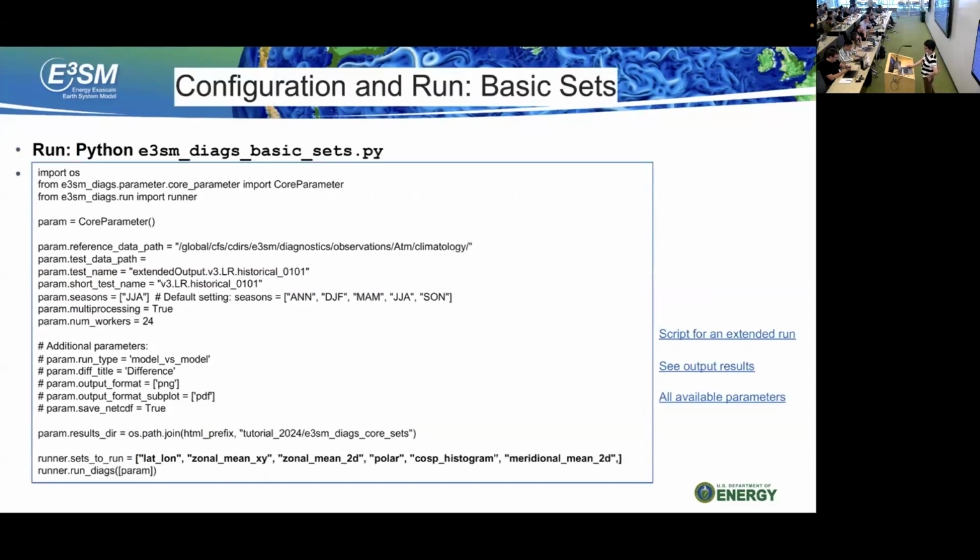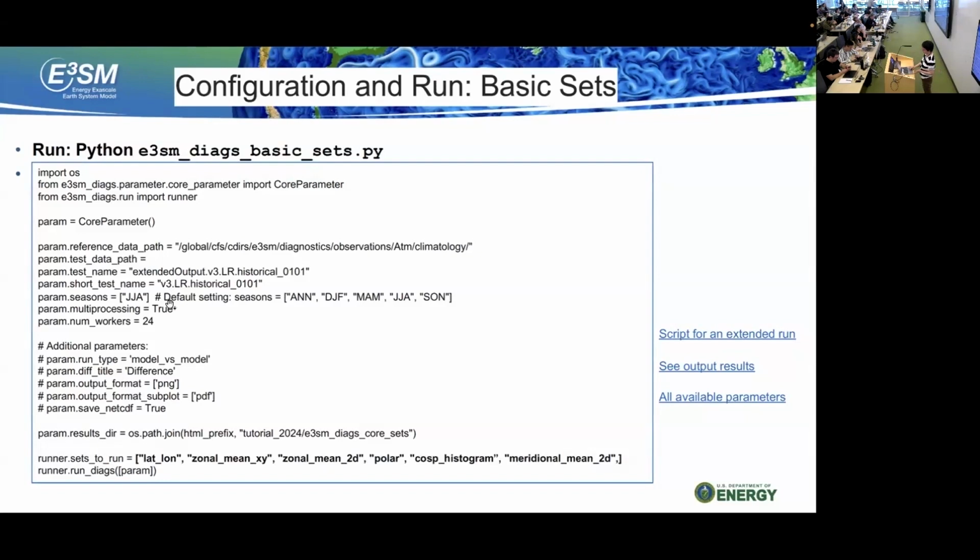So how to run? In this slide, I provided an example run script of E3SM Diags to run a basic set of diagnostics. It's a Python script, and all the parameters are passed in with a parameter object, and the parameters are pretty basic, including the reference data path, the test data path, and the test name, which is most often your case name for the simulation, and you can have an alias as a short test name for it.